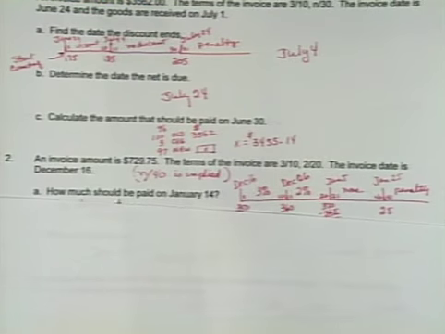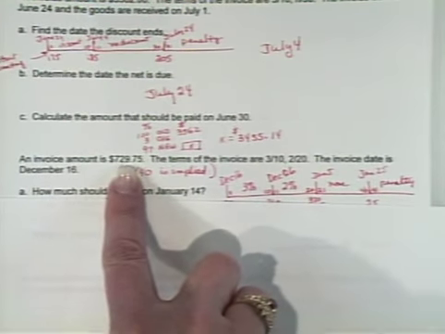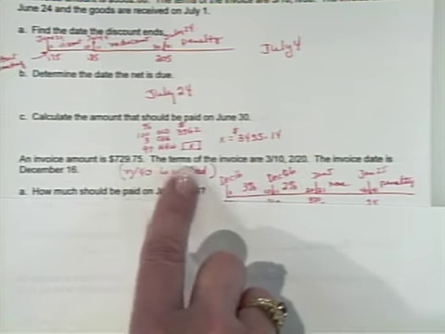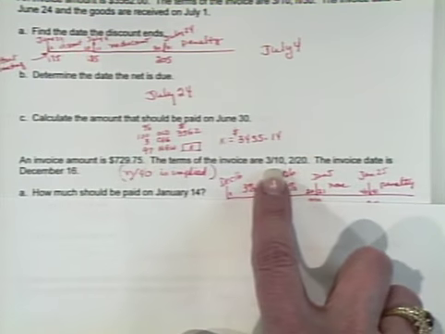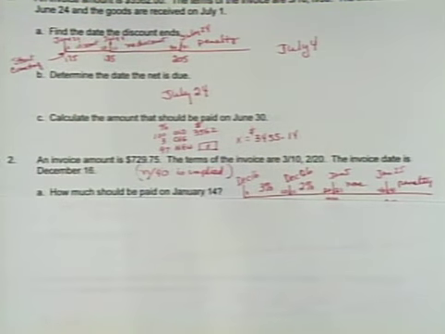So an invoice in the amount of $729.75 comes to your desk. It is ordinary dating. The terms of the invoice are 3/10, 2/20, and the invoice is dated December 16th. Oh, we made this one complicated for you. It goes over the end of the year. We've got double discounts.